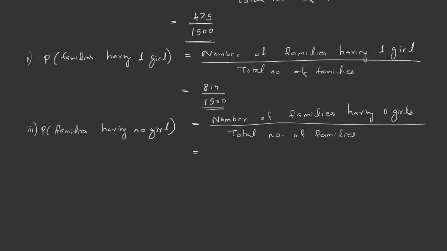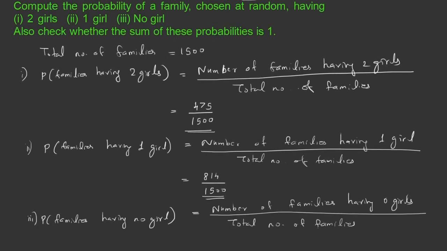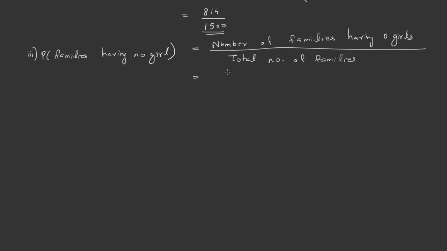From the data, I can easily understand number of families having 0 girls is 211 and the total number of families is 1,500. So, the answer is 211 divided by 1,500.